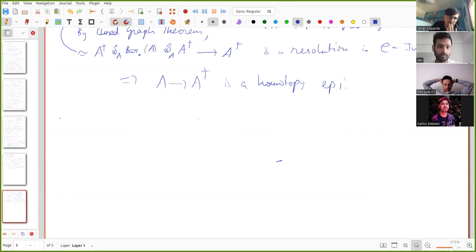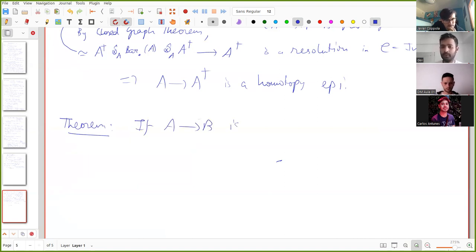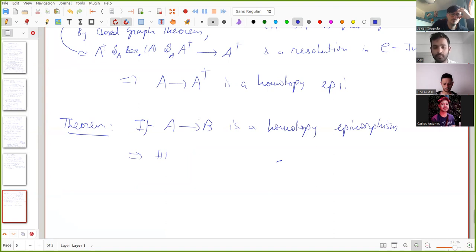Okay, and just to summarize, if A to B is a homotopy epi, then what we have is the Hochschild homology of B is the same thing as the Hochschild homology of A derived tensor over A with B. And this applies to all the three cases that I mentioned.